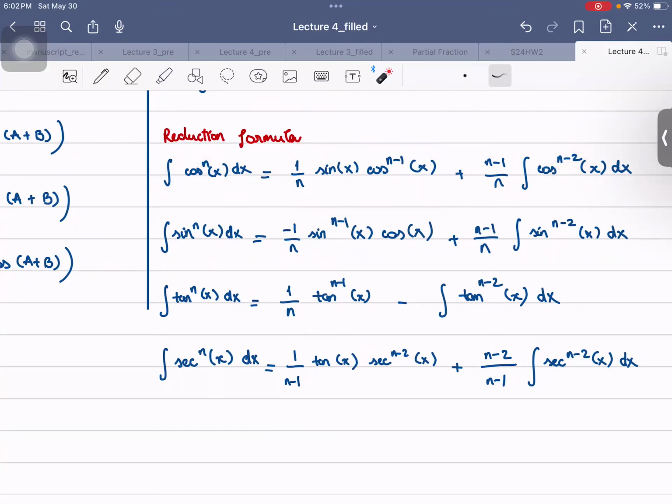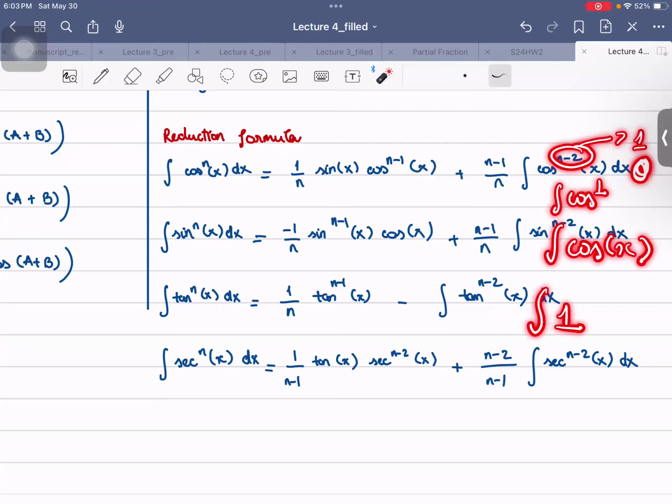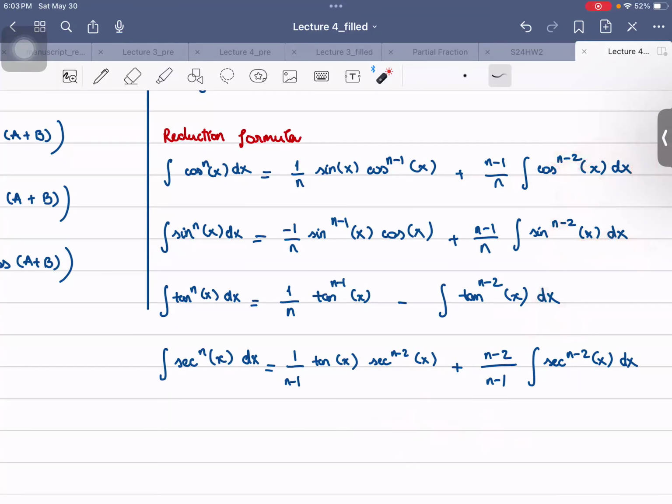So at some point, the power will tend to 1 or 0. If you have the integral of cosine to the power of 1, it's just the integral of cosine, then you have the basic integral. If you have cosine to the power of 0, that means you just have 1, because anything to the power of 0 is just 1. So this is the point of the reduction formula.